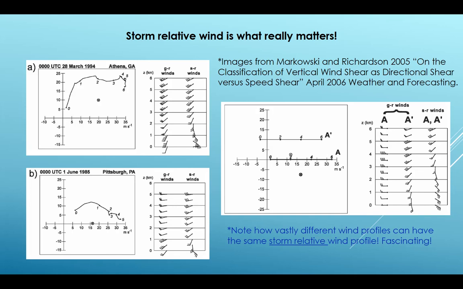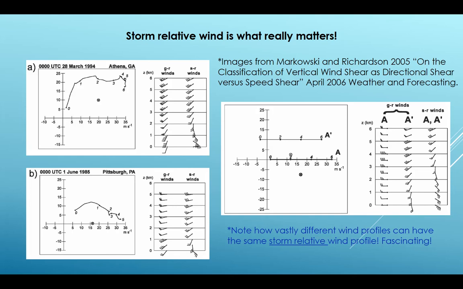And this is very important, folks, for understanding a tornadic environment. So my goal here is to try to get us all to understand that the storm relative wind profile is what really matters.